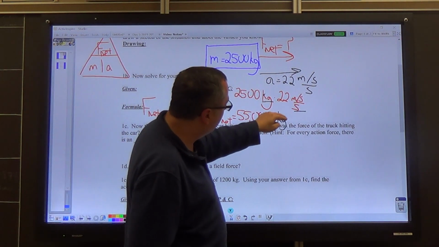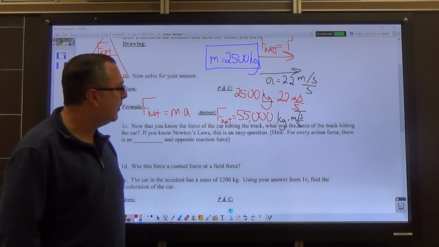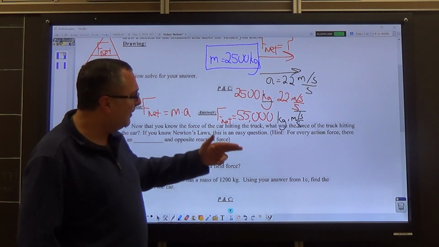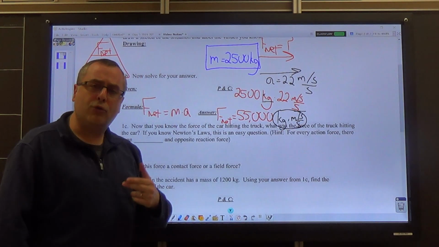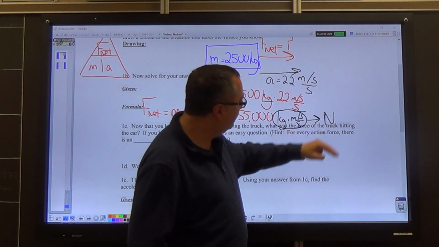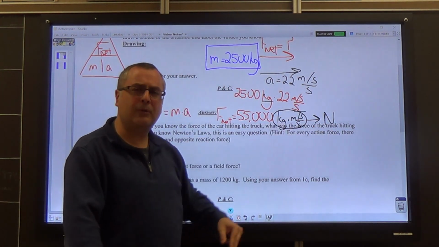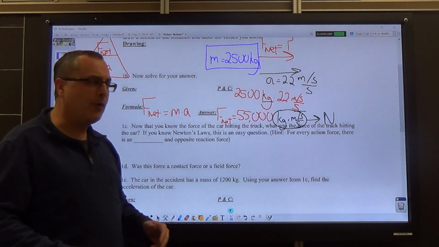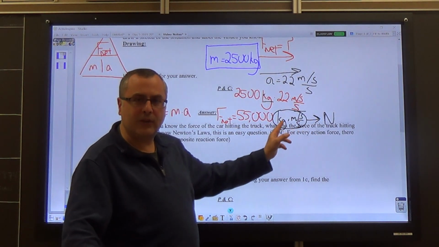So you can say kilograms multiplied by meters per second per second. Officially, those are the units for force. But recall that we discussed, instead of writing all of this, you could choose to abbreviate that in a one-letter unit, the Newton. So you may put this as your unit, you may put that as your unit. Either way is fine. You'll get full credit both ways. Just make sure you're starting to see that those two can be switched back and forth.